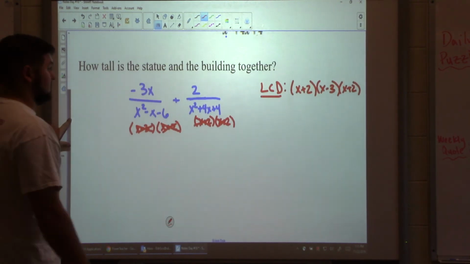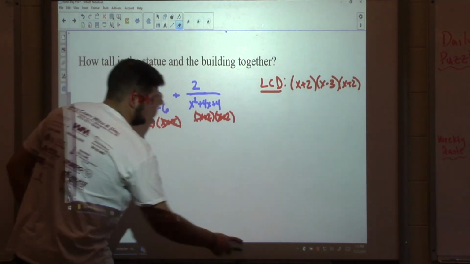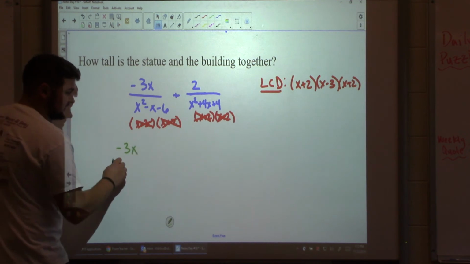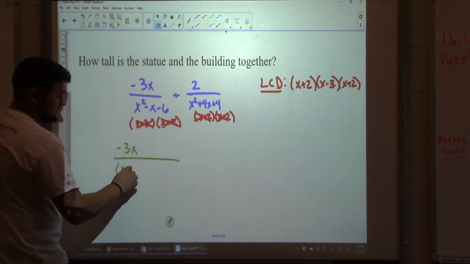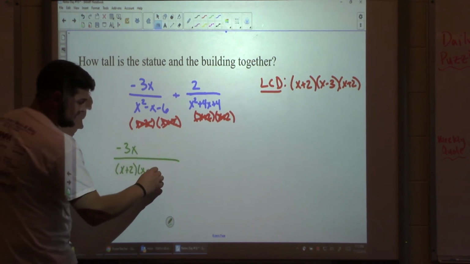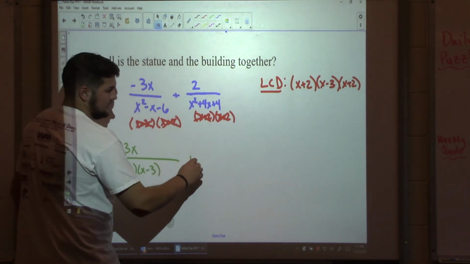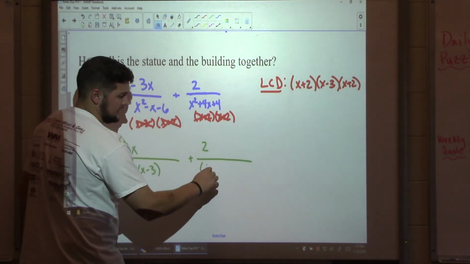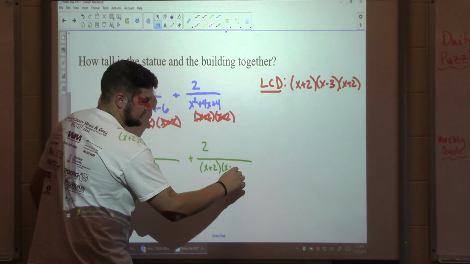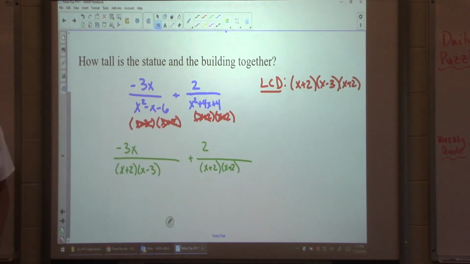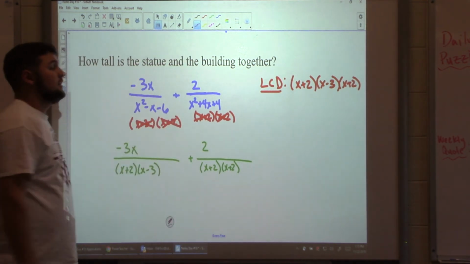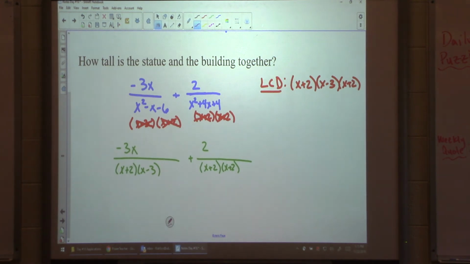Now I'm going to take negative 3x over x plus 2, x minus 3, and I'm going to take 2 over x plus 2, x plus 2. I need to multiply them by something to make them the least common denominator.